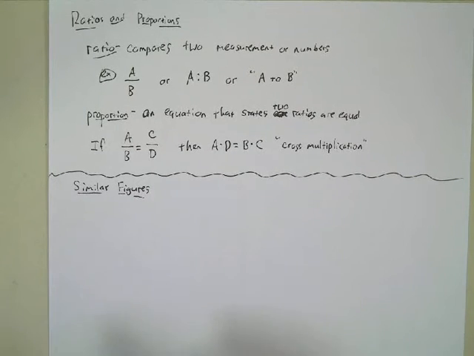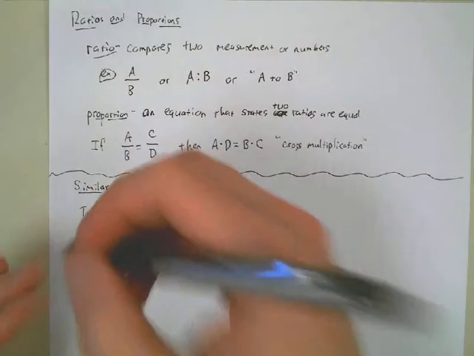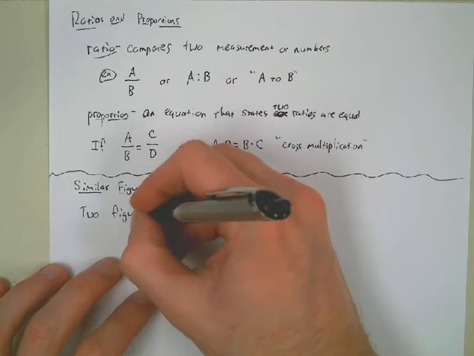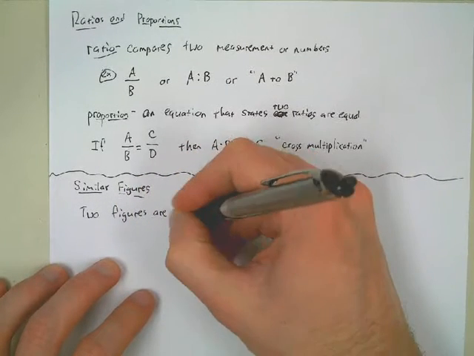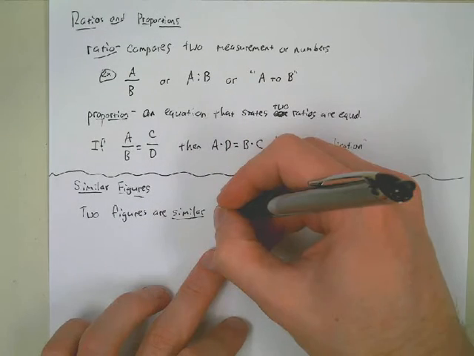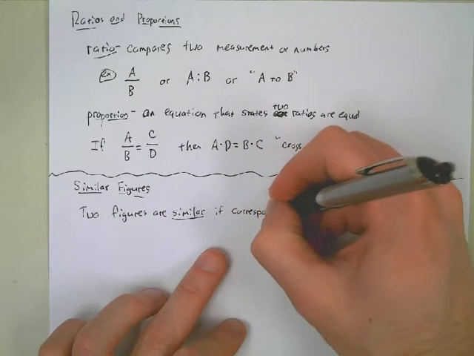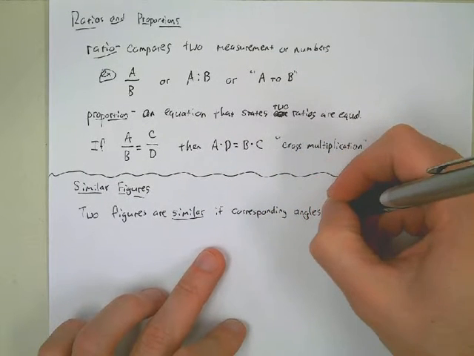Similar then means that the two figures are going to be related, but they will not necessarily be identical. Yeah, and that's the key idea. Exactly right, Shannon. So two figures are similar if corresponding angles are congruent.